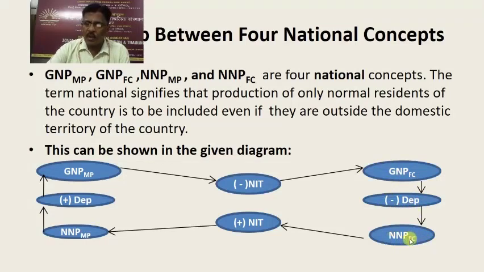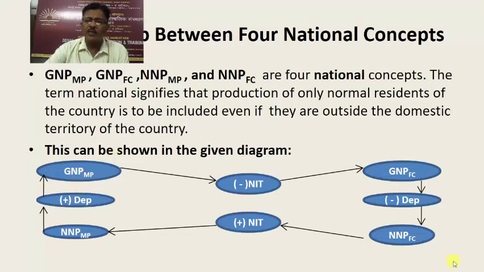So from NNPFC, if you want to derive NNPMP, you add NIT to factor cost, so you will get market price. So NNPMP, from NNPMP you can go to GNPMP also. So NNPMP plus depreciation is equal to GNPMP.